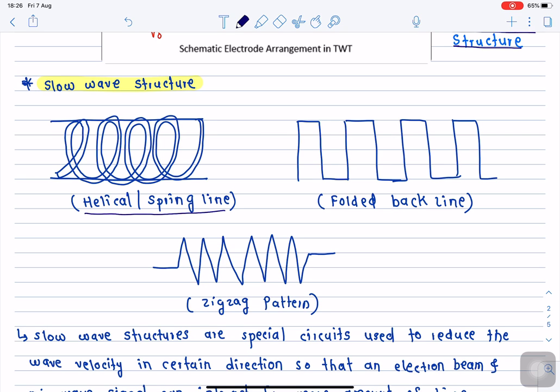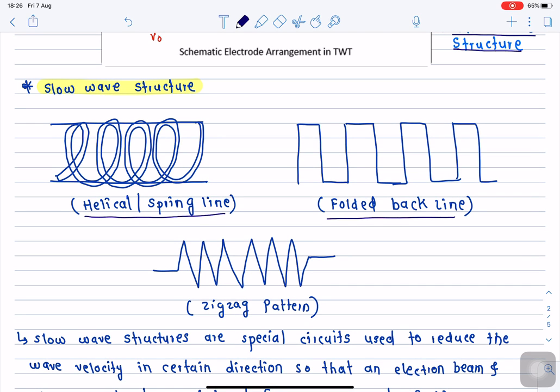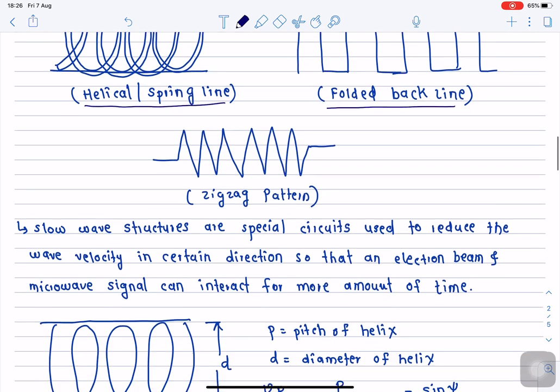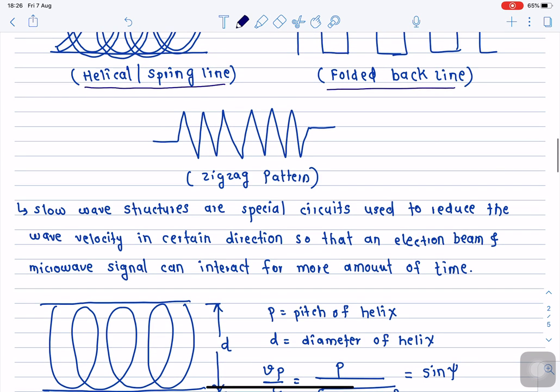Sometimes the helical structure can be replaced by a folded back line in this way. This structure also we can use as a slow wave structure, or in some cases a zigzag transmission line which is bent in a triangular form can also be used as a slow wave structure.